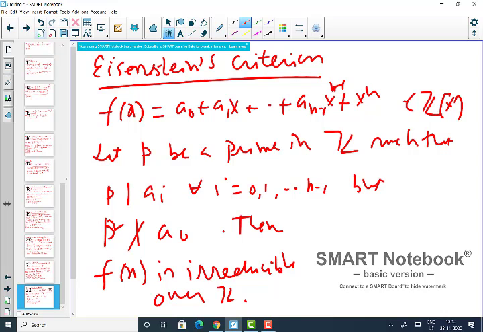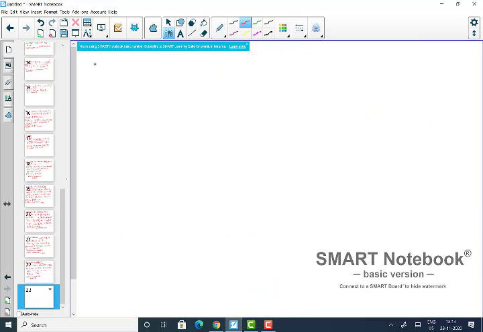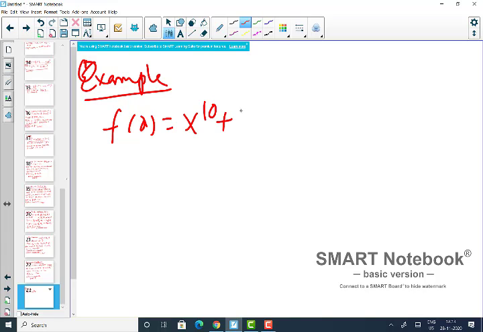So let me give you some examples. You choose your f(x) equal to something, say x power 10 plus 4 x power 6 plus 10 x squared plus, it doesn't matter, you write down something, plus 2.